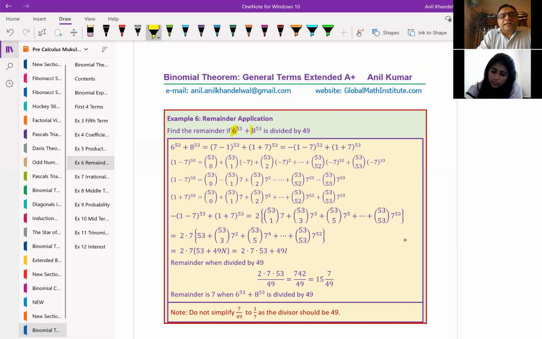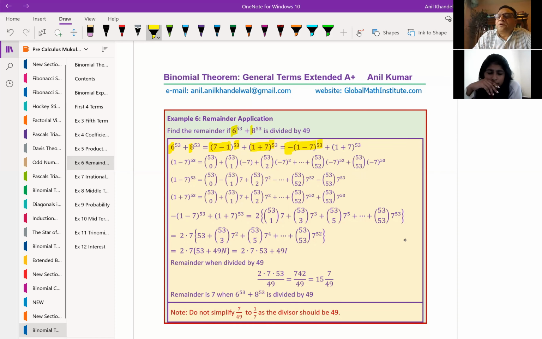Now, see, 6 has been written as 7 minus 1, and 8 has been written as 1 plus 7. You could write 7 plus 1 also, to the power of 53. What I did was swap 1 and 7, so it is minus, and the degree is 53. Minus 1 to the power of 53 will be negative, right? So when I swapped, I wrote 1 minus 7 instead of 7 minus 1, because 6 is 7 minus 1, and I took the minus outside because now the power is 53.